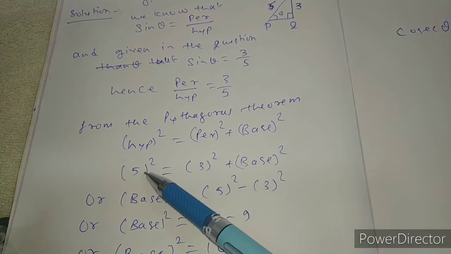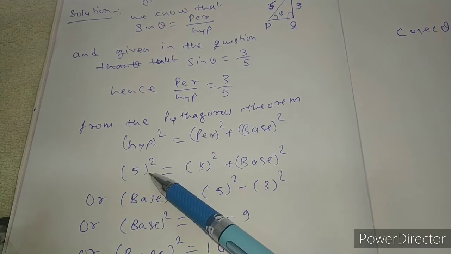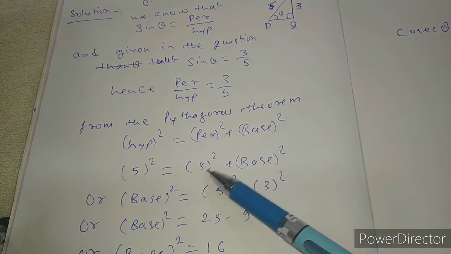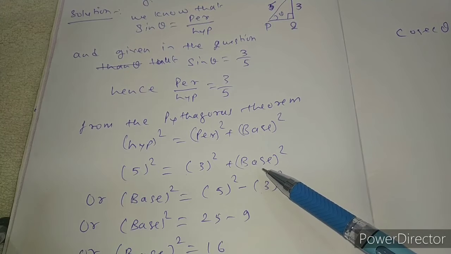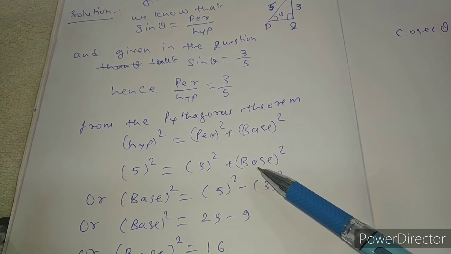If we put the values, in place of hypotenuse let's put 5. 5 square is equal to 3 square, which is perpendicular, plus base square.